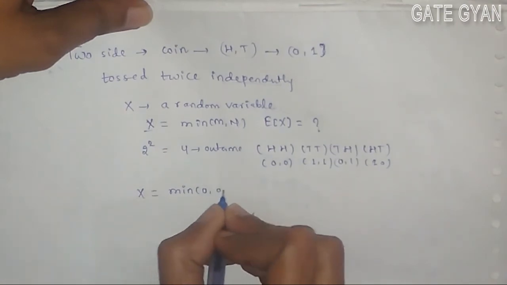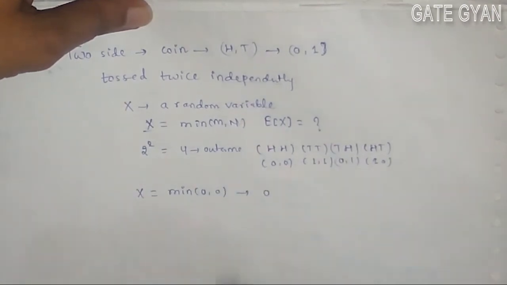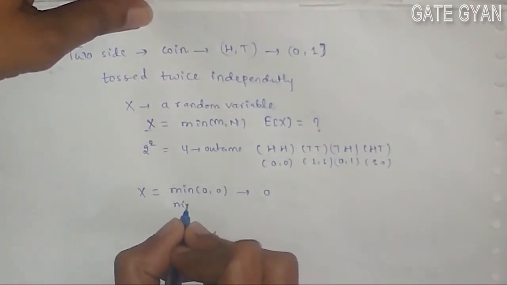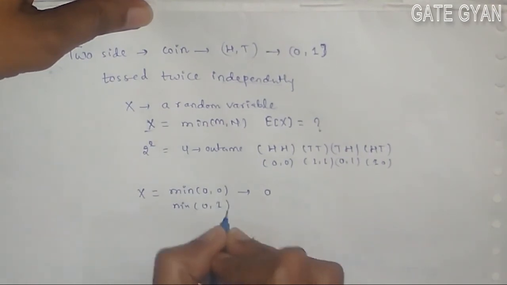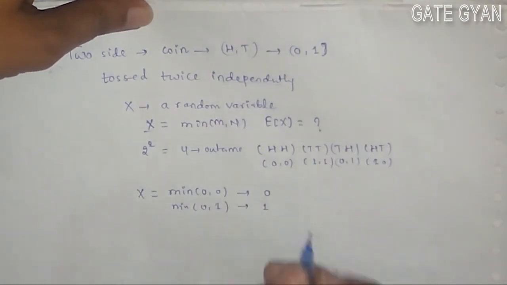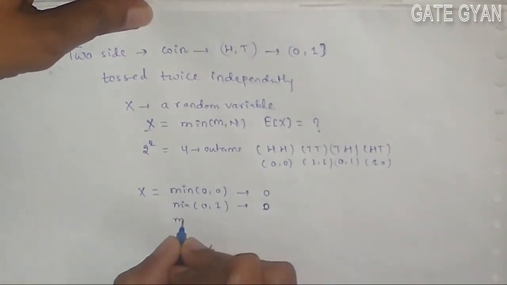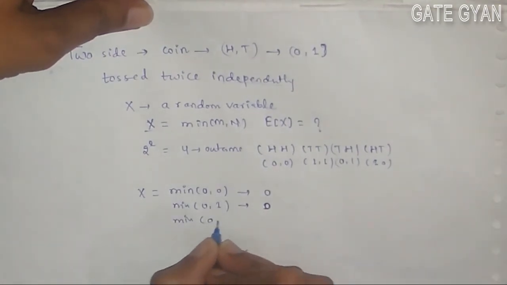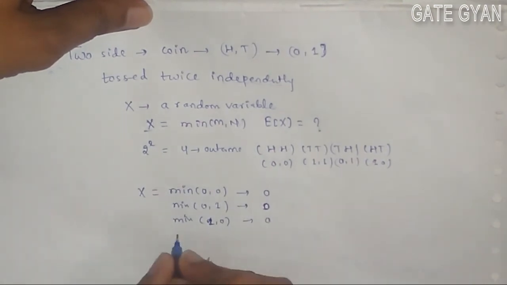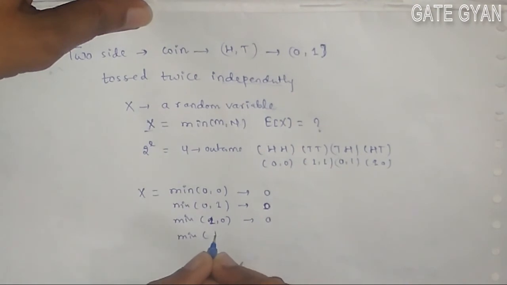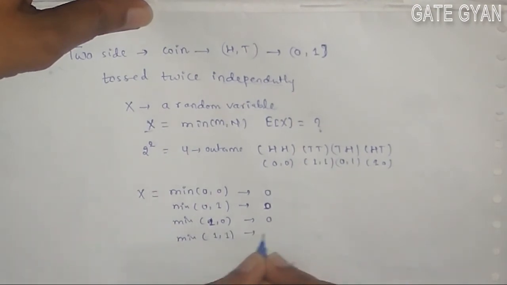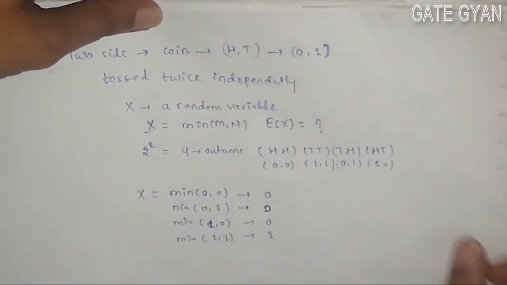So min of 0 comma 0 is going to be 0. Second, minimum of 0 comma 1, sorry, minimum is going to be 0. Again, minimum of 1 comma 0 is again 0, and minimum of 1 comma 1 is going to be 1.